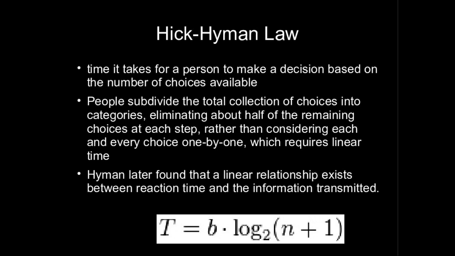Another law is called Hick-Hyman law, which relates the number of choices and the time for a person to make a decision. So usually the users subdivide the total collection of choices into different categories, eliminating about half of the choices at each step rather than considering one by one, which requires linear time.